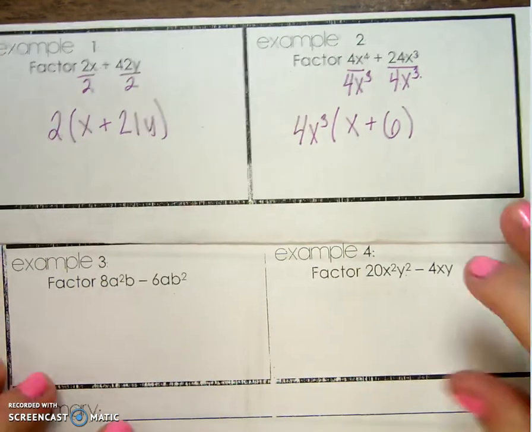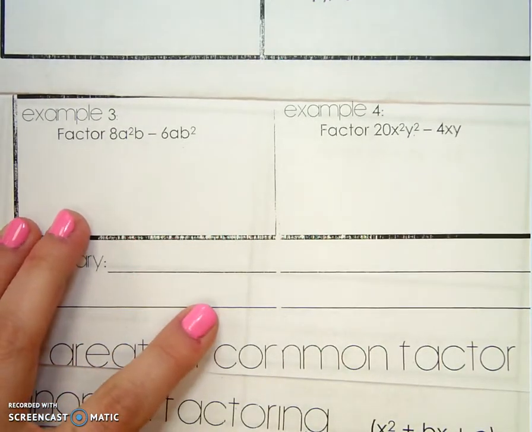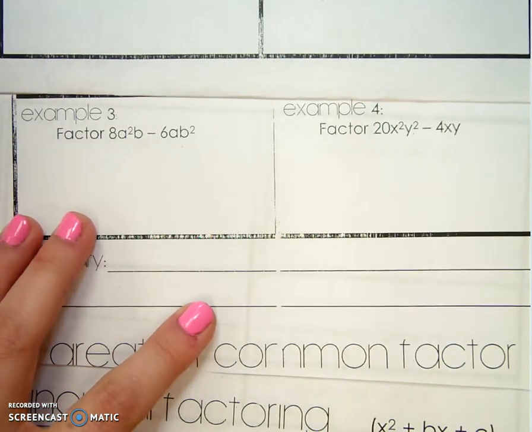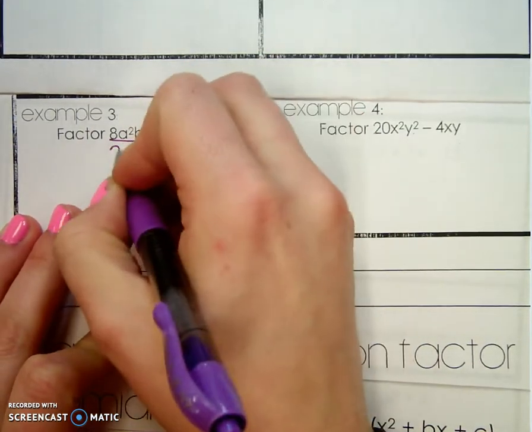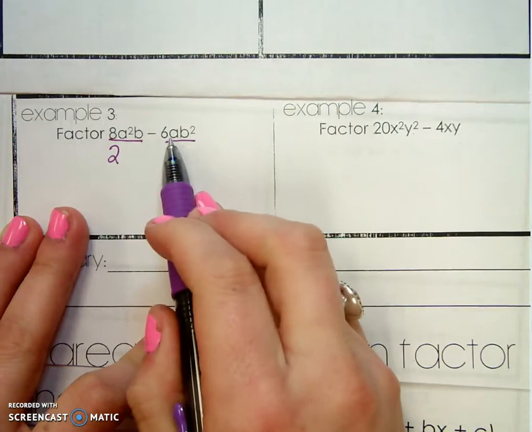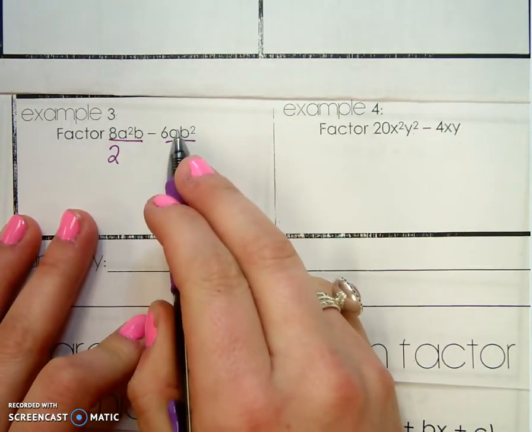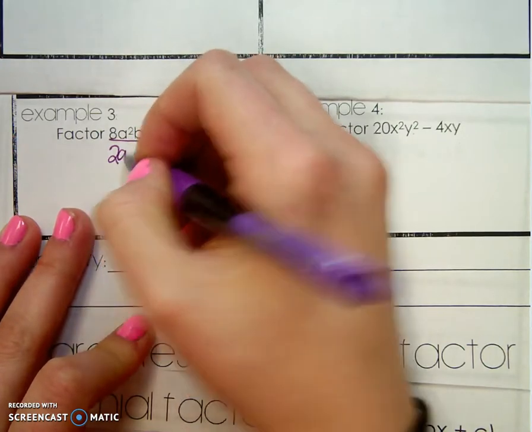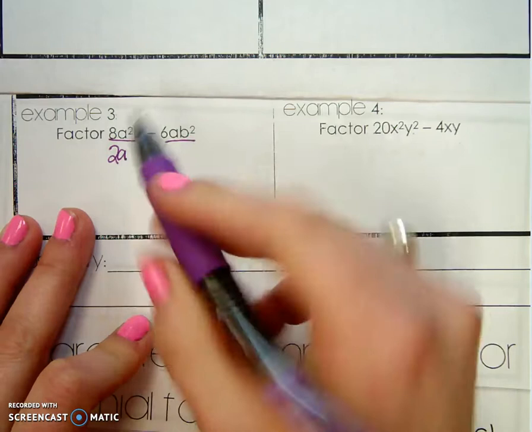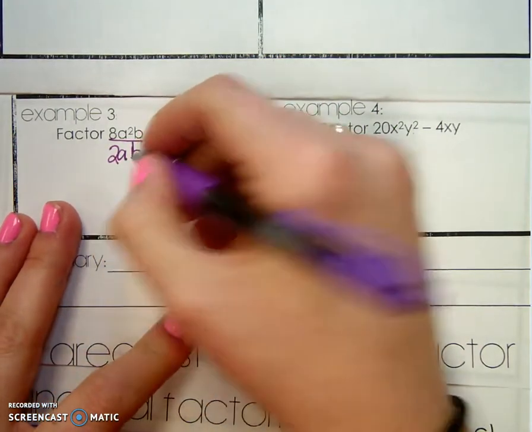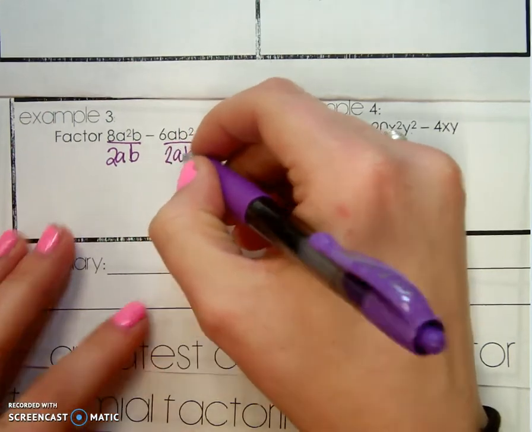Okay. Example 3. Again, pulling out the biggest thing that I can. From my coefficients, I'm going to be able to pull out a 2. And then I've got an a and a b. The smallest exponent I have for a is a 1, so I can only pull out one a. And then b, there's 1 here and 2 there. I can't pull out any more than 1 because there's nothing to pull away from. Okay.